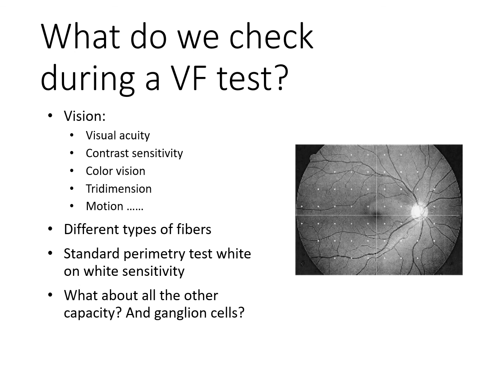But when we test a visual field, we just use white on white light, and we calculate the capacity of our eye to detect the difference between the background and the spot that we project on it. So what about all the other ganglion cells that are present in the retina?